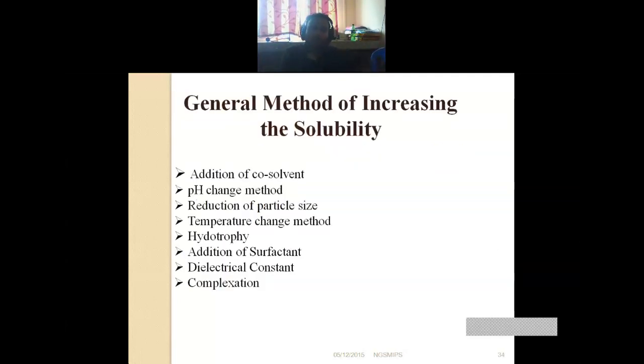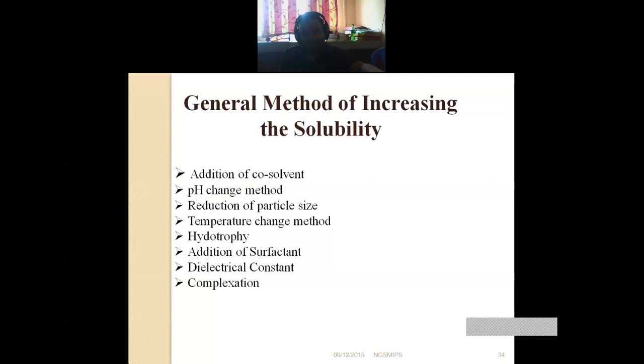So how can we increase the solubility of a substance? Micelles are the substances that increase the solubility, for example surfactant.